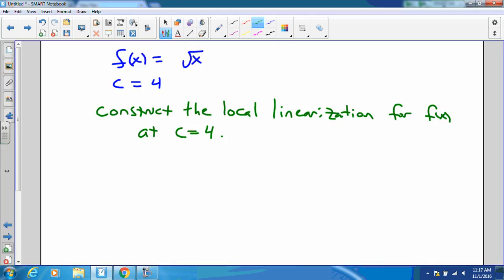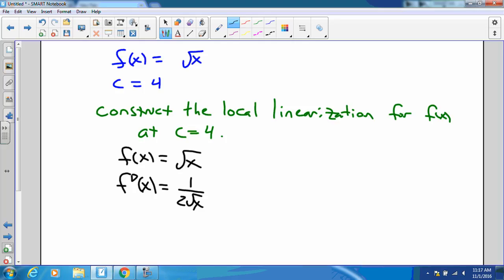Do you plug in c first to find the prime of c, or find the prime of x? You have to find f prime of x in order to evaluate f prime of c. Yeah. So you can see that our first step here has to be f of x equals root x, and what is f prime of x? Right.